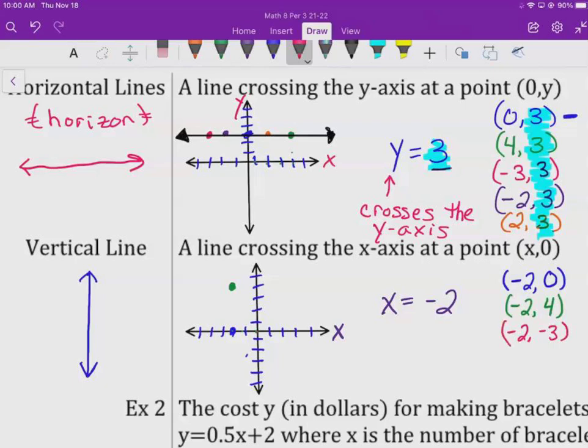So I start at the origin, go left 2, and down 3. Then I've got negative 2, negative 2. Okay, so start at the origin, left 2, down 2. And the last one, negative 2, positive 2. So again, start at the origin, go left 2, up 2.